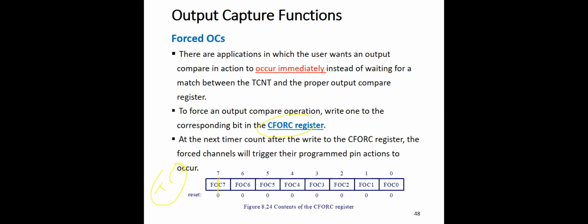However, you discovered while the program is running that there is an emergency and you want to turn on the pump now. So basically, you go to this register, you write 1 here, and this will force the output compare channel to output 1, which is the configured value, now, without waiting for the match between the TC register and the timer. That's why it is called forced. You force the channel, you push the channel to trigger the pin now, to change the value of the pin now before the comparison is successful.